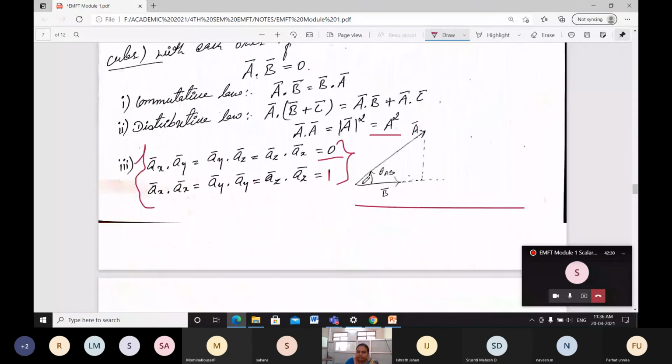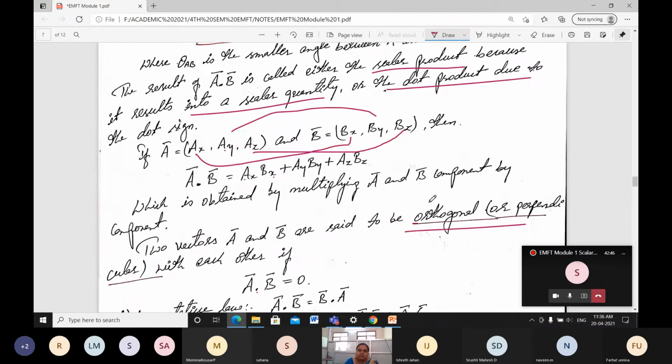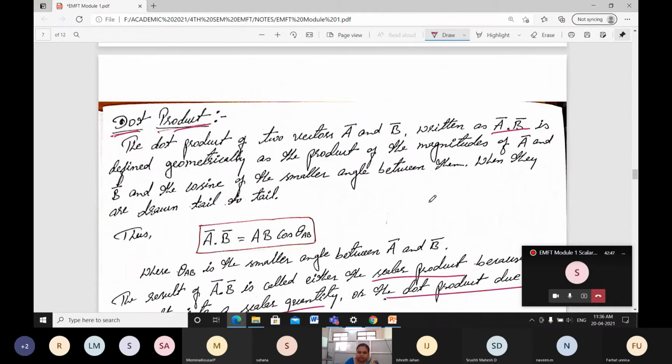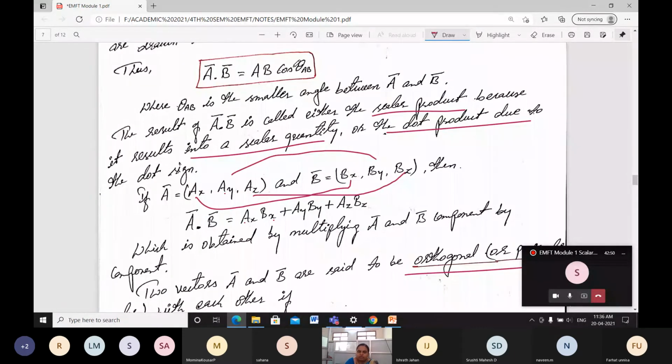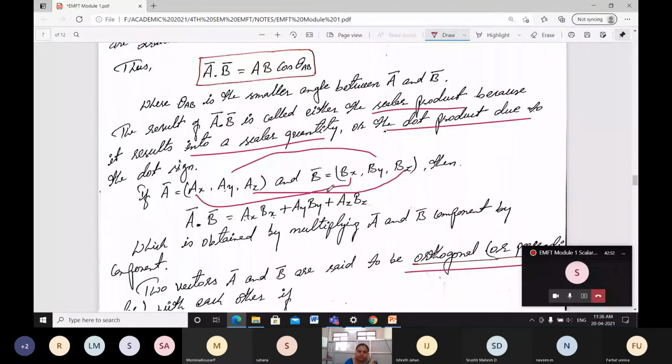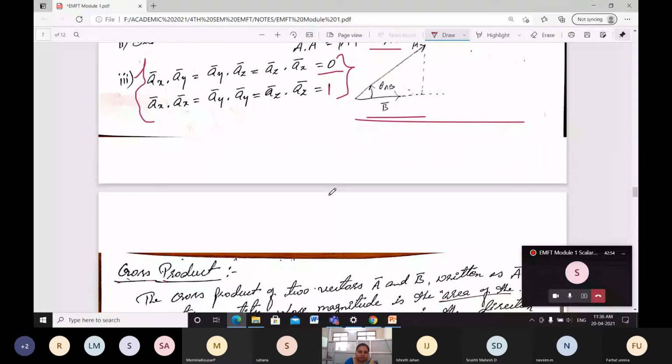Vector A is moving like this and vector B is moving like this along the x-axis. The angle between these two is taken as theta AB. This is one method of representing our dot product, AB cos theta AB. This is about our dot product.